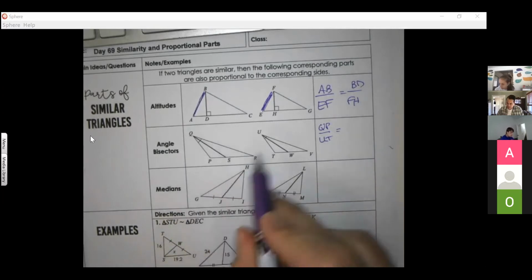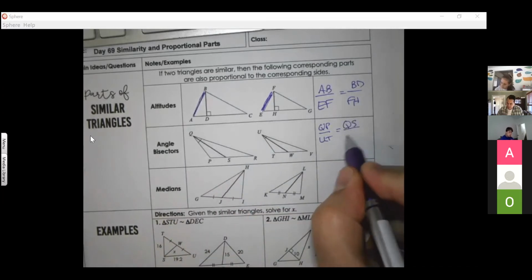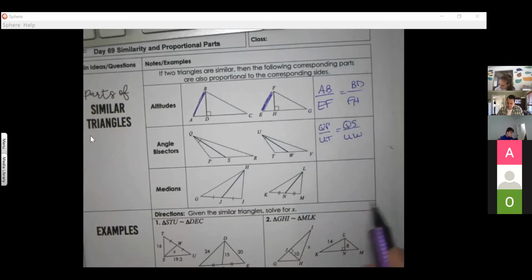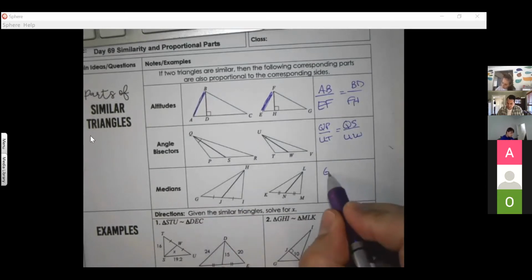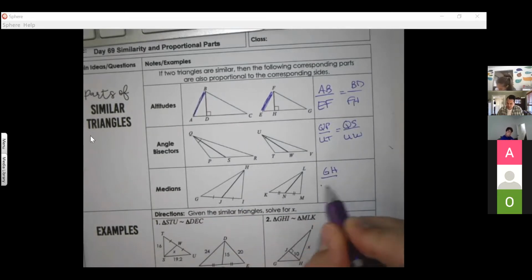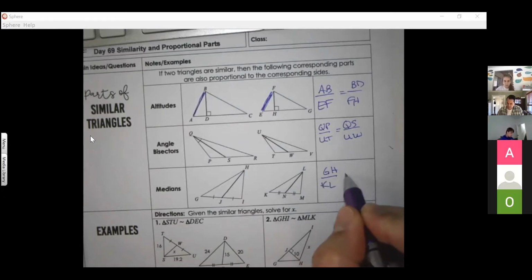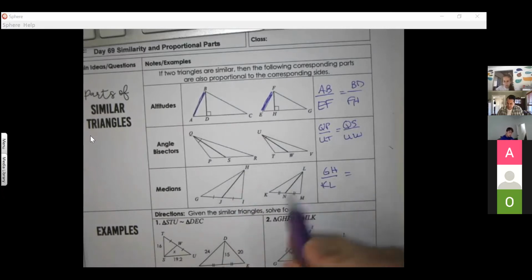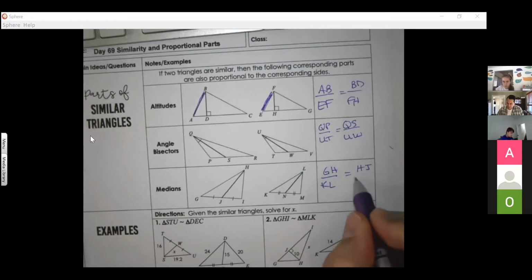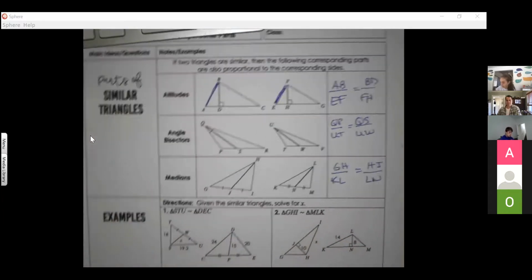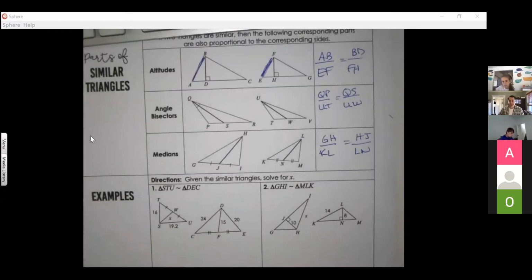And that would be the same as QS to UW. And it also works with medians. So GH is to KL as HJ is to LN. In other words, as long as it's a specific type of segment, it's going to be in that same ratio.